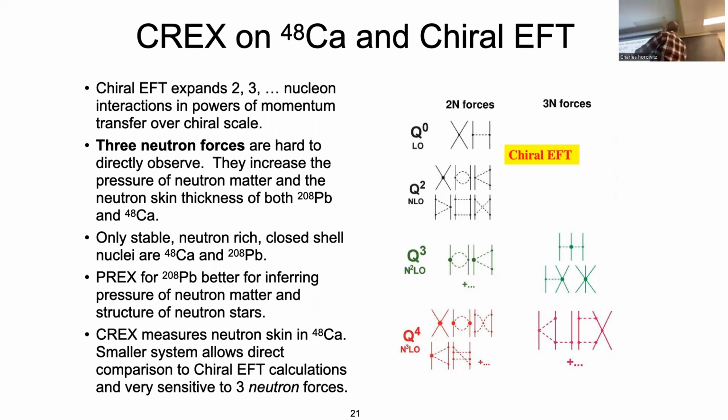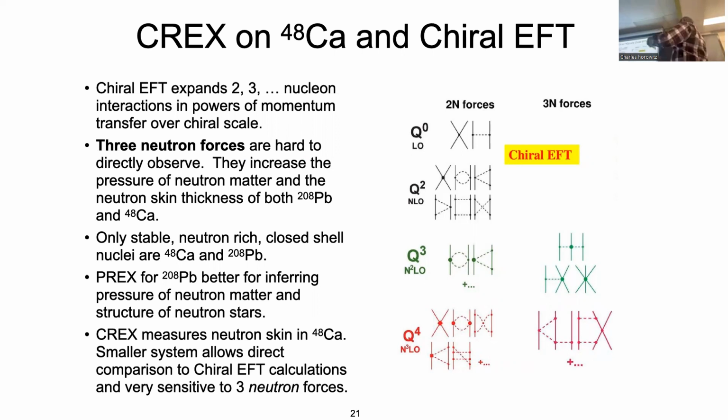So chiral effective field theory, these three nucleon, in particular, three neutron forces increase the thickness of the skin and raise the pressure of neutron matter. So CREX is measuring the neutron skin in calcium-48. That's a lighter system.